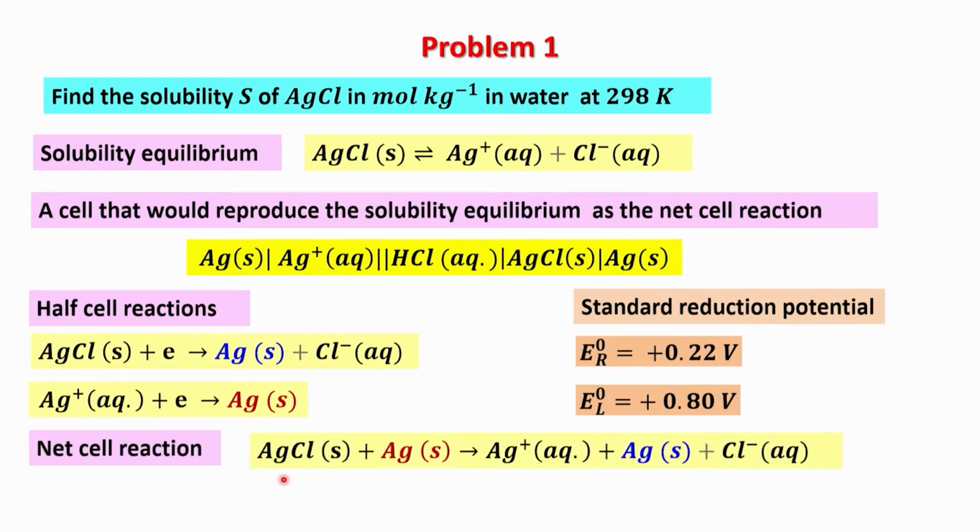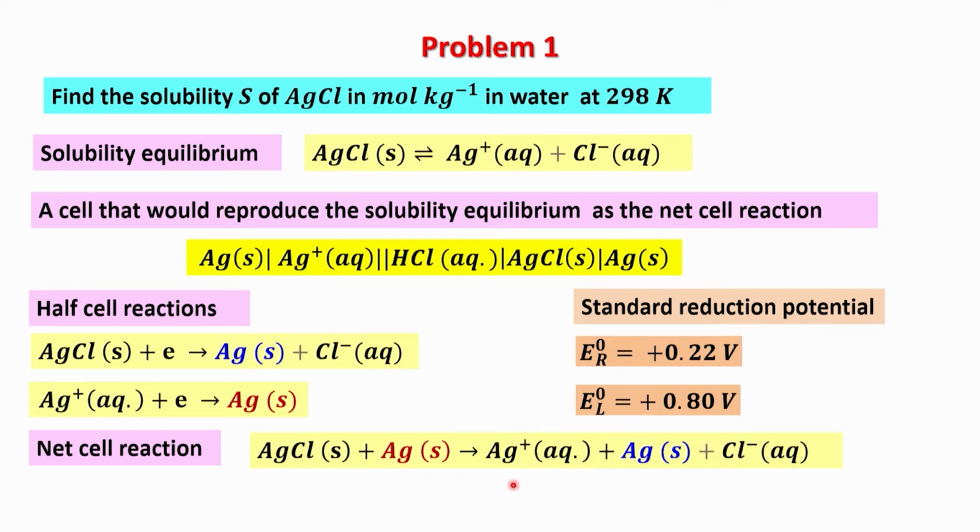and the net cell reaction now gives me AgCl solid plus silver solid, which is coming from the second half cell reaction, giving rise to Ag+ aqueous plus Ag solid, which is coming from the first half cell reaction, plus Cl- aqueous.